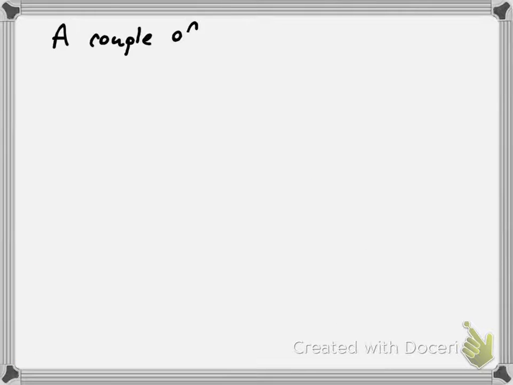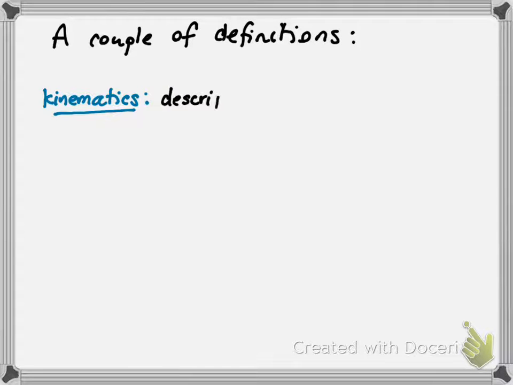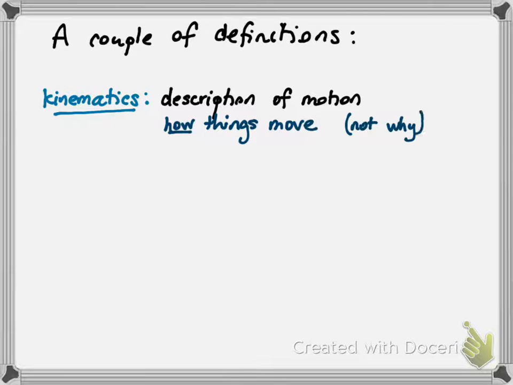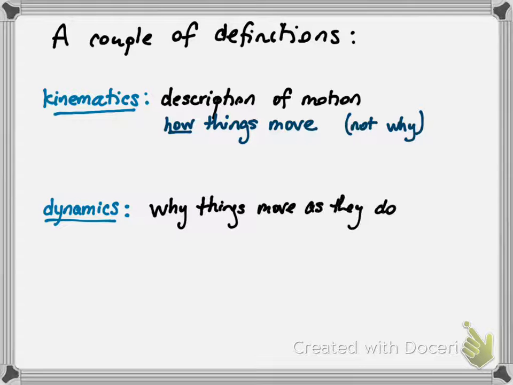A couple more definitions just before we get started with the real physics. Kinematics is the word we use to just be a description of how things move, not why. It's the same root word as cinema, so motion, moving pictures. Kinematics is a description of motion. The why things move, we separate that out in physics and we call that dynamics. So dynamics is a description of why things move, or a set of theories or quantities that are related to why things move the way they do.